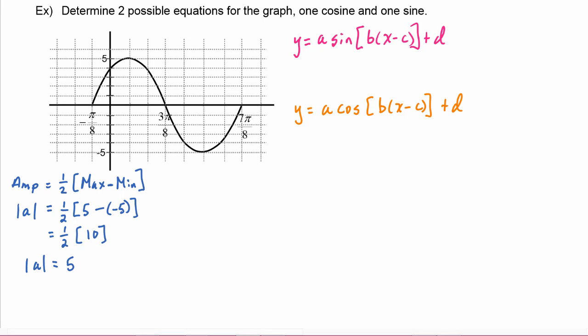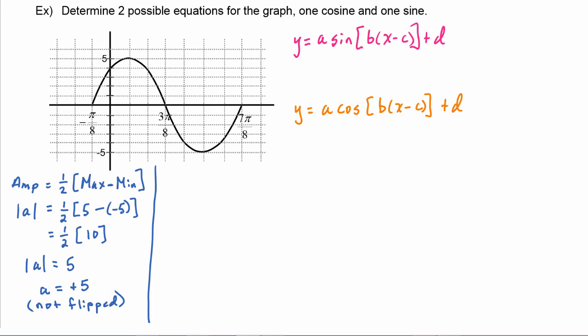So a is going to be +5, and that's because the graph is not flipped. So now we already know what letter a is in each case.